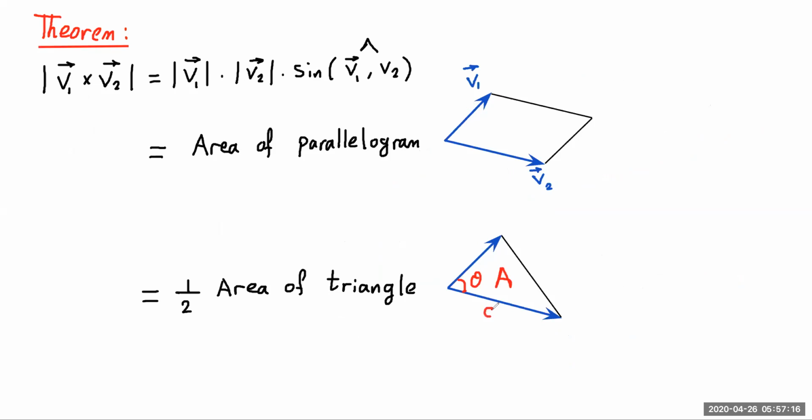If I call this length A and this length B, what is the area of the triangle? It's a half AB sine theta. So A times B times sine theta times a half will give me the area of the triangle. Without a half, it is the area of the parallelogram constructed by these two vectors.